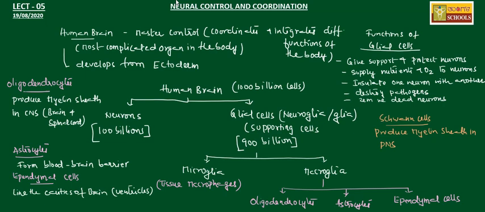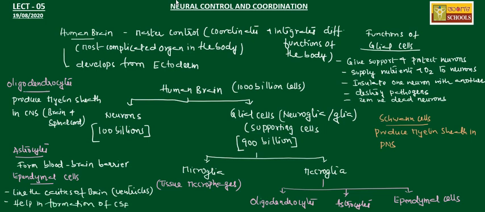Those cavities of the brain are called ventricles. In our coming sessions, I'll discuss the ventricles of the brain in detail. And these ependymal cells also help in formation of CSF, that is cerebrospinal fluid.